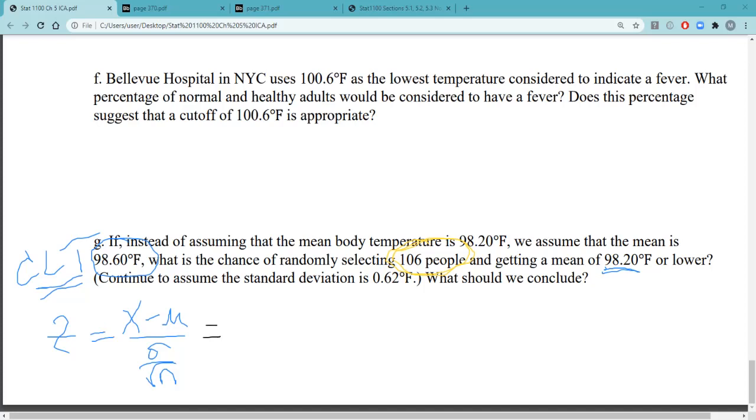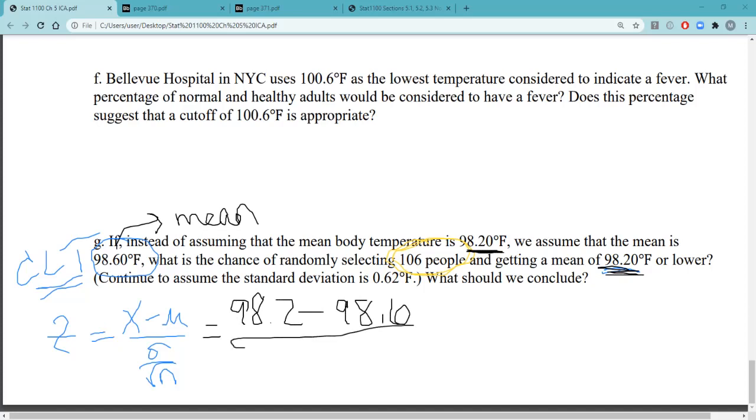X, now we're using 98.6. Sorry, we're using 98.2, subtracting our mean, and then dividing by sigma over the square root of n, which here is 106.